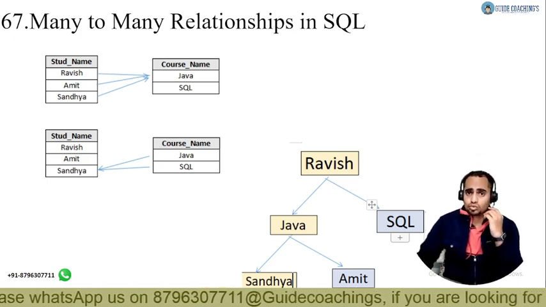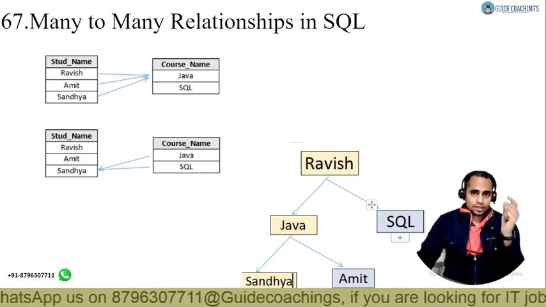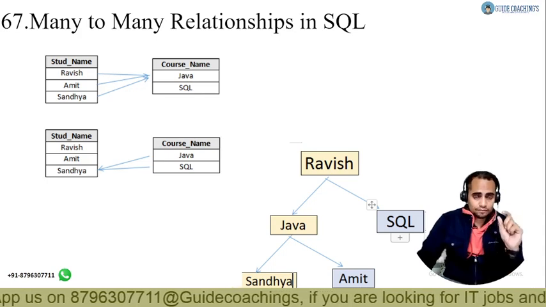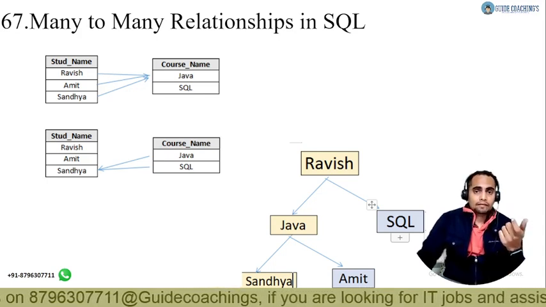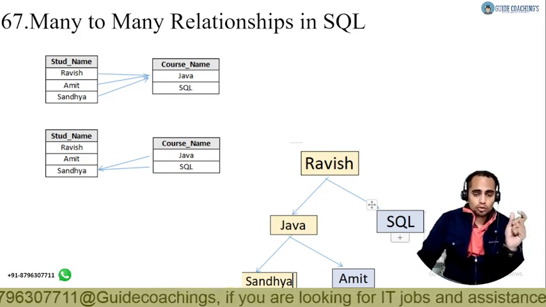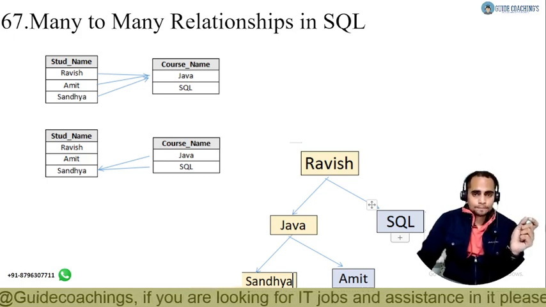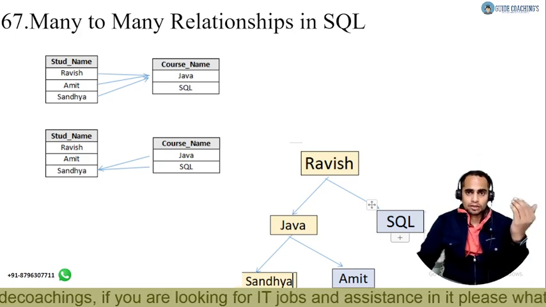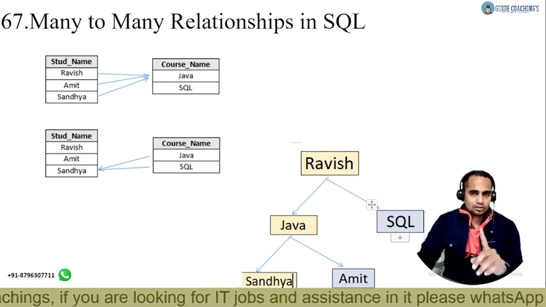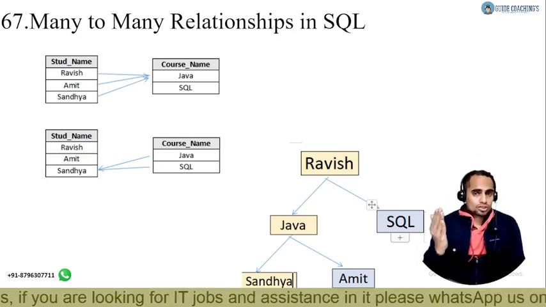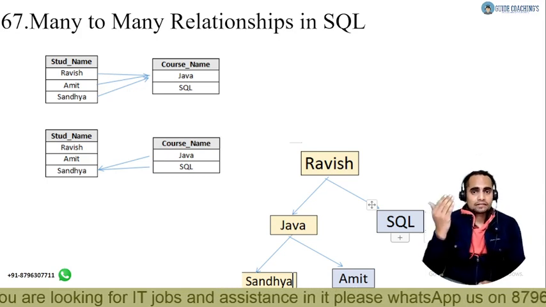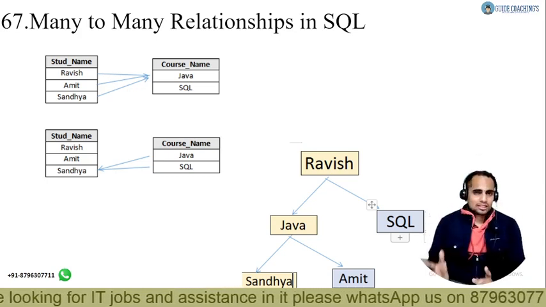The first rule is that a student ID cannot be repeated in the student table. That is my first requirement. Then the courses table cannot have a duplicate course. That is my second requirement.